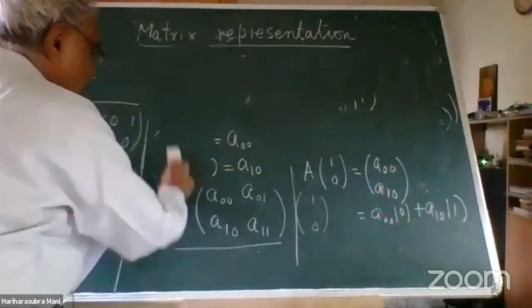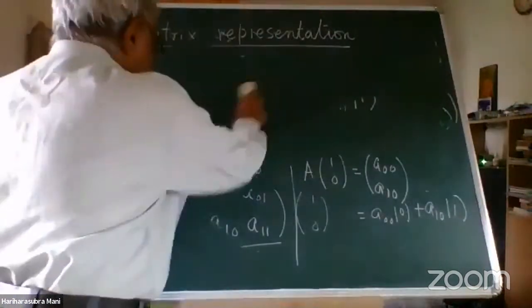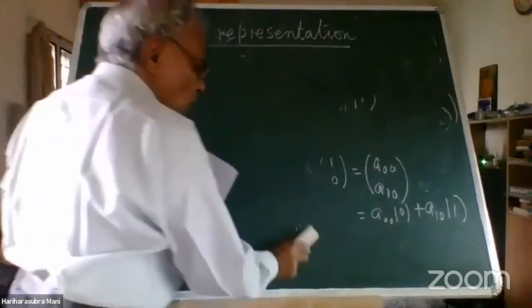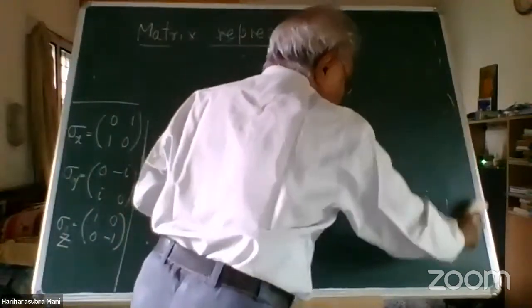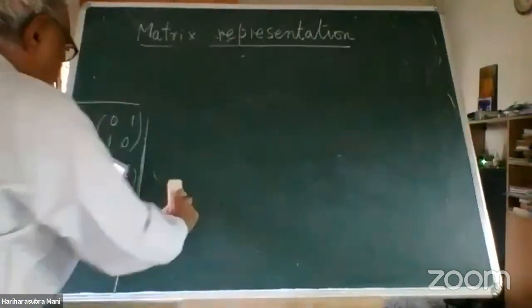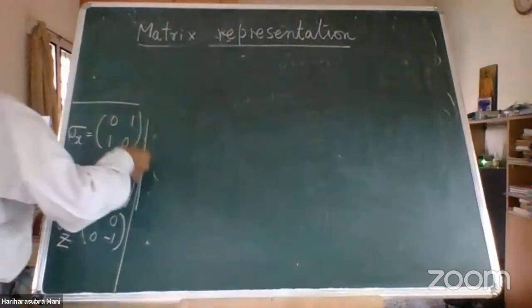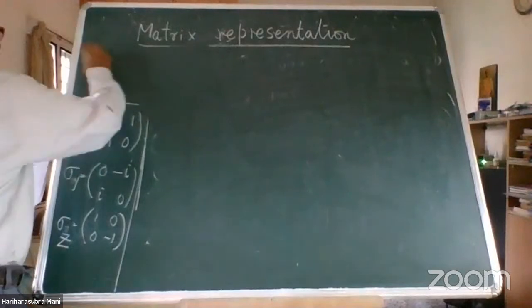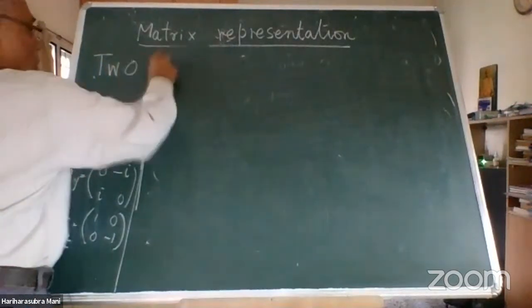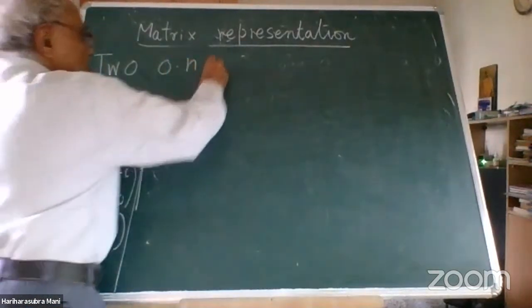Now I'm going to go beyond 2 dimensions because it's as general. I wrote down 2 only to illustrate it. Now I will write down for a more general case. Okay. 2 bases. Orthonormal basis.